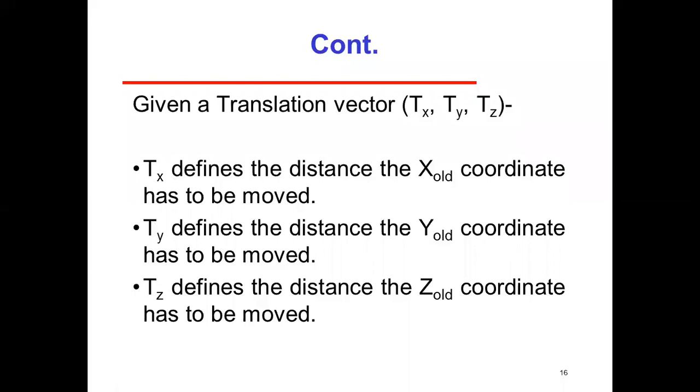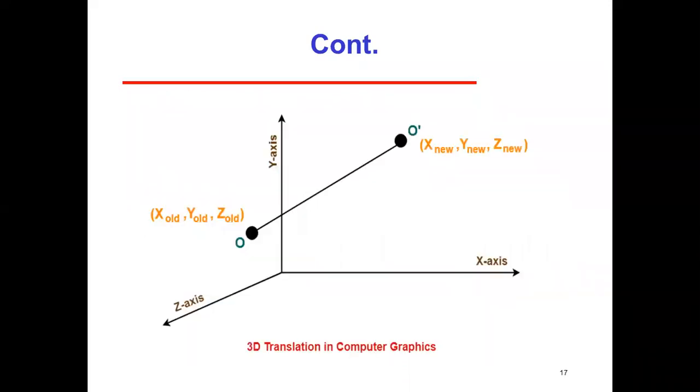Okay, along the x-axis, along the y-axis, along the z-axis. So you can choose any nomenclature here. Again, now we can see this is the 3D translation in computer graphics. Here these are the initial points O and O dash, the final point, x axis, y axis, z axis.